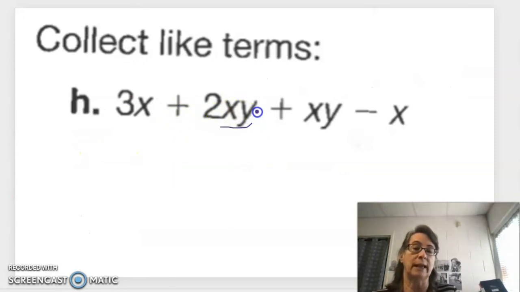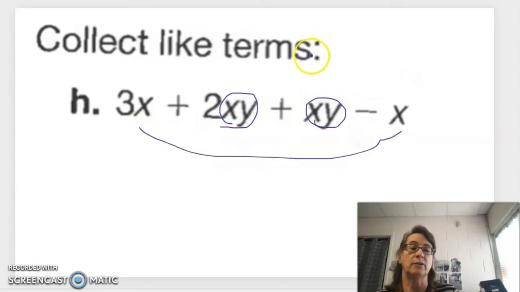Okay, collect like terms. Now, notice that we have an x, y, and an xy. Those two are like terms. We have an x and an x right there. So these two go together. This is an understood 1. 2 plus 1 is 3xy.